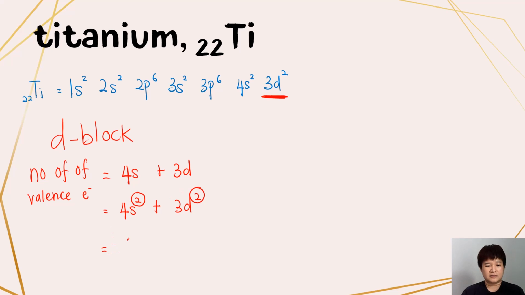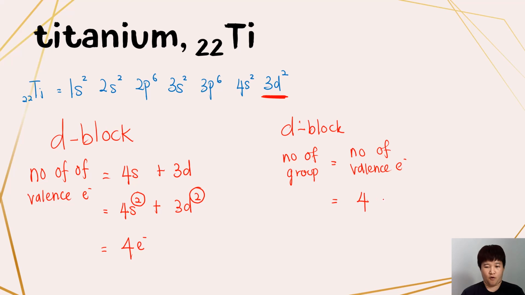So the number of valence electrons is 4. For the d block, the number of the group will equal straight away the number of valence electrons, like in your s block. Therefore, your titanium will be in group 4.